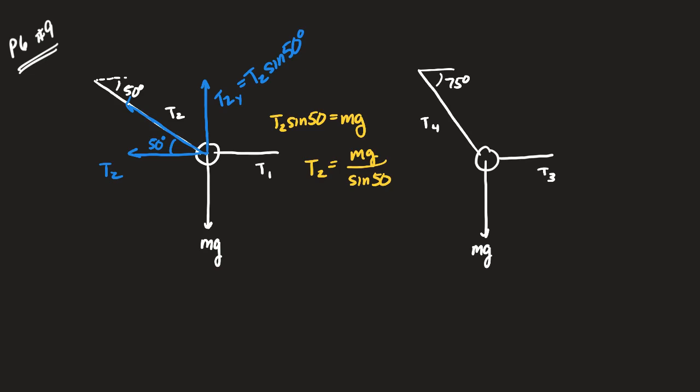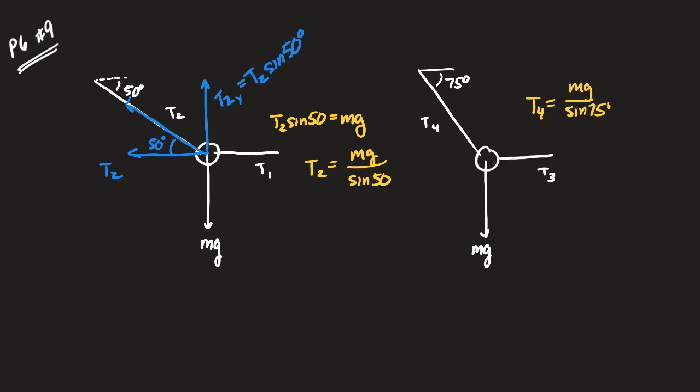Now, some of you are pretty sharp. What do you think T4 has to equal? Yes? Yeah. I'm sure of it. So, I don't know if you guys know this, but as the angle gets bigger, the sine gets bigger. Right? Because sine of 0 is 0.